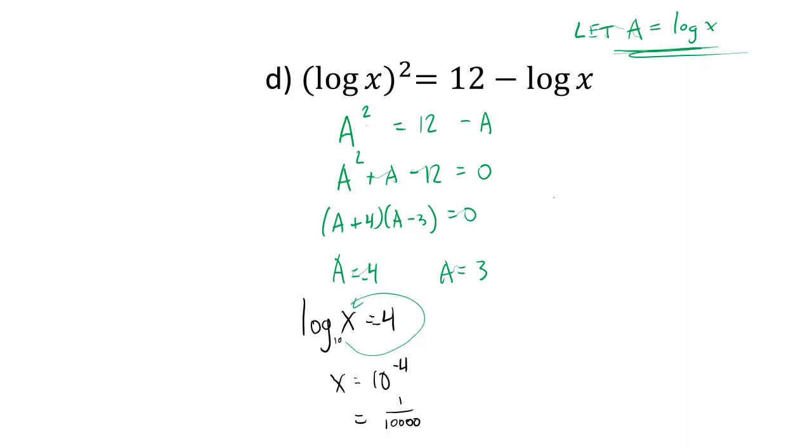We could also say, because this one says that the log of x is equal to 3, this means that x is equal to 10 to the 3rd power, which is 1,000. So the answers to this one are x is equal to 1 over 10,000, and also 1,000.